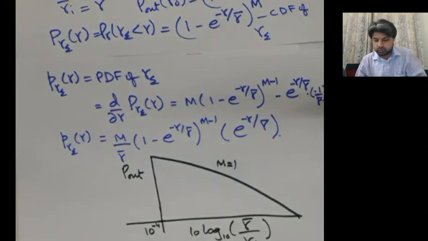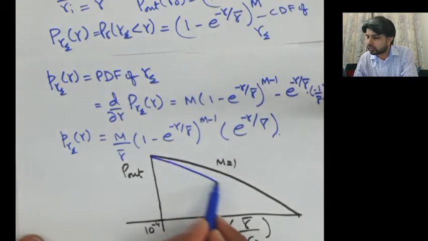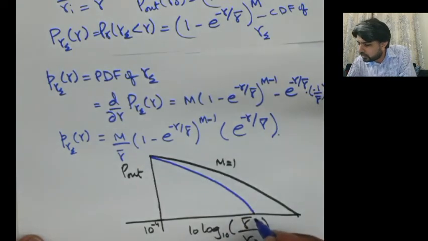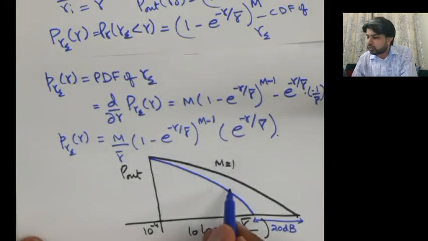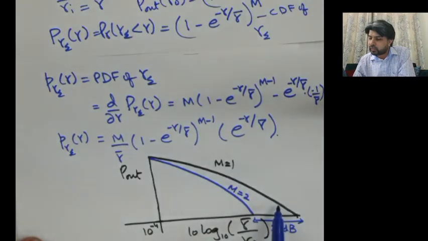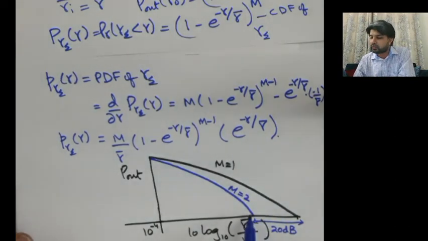And for m equal to 2, you would get a gain of 20 dBs here. A huge gain with only one increase in the branch. So that is the difference when you go from m equal to 1 to m equal to 2 for Rayleigh fading.